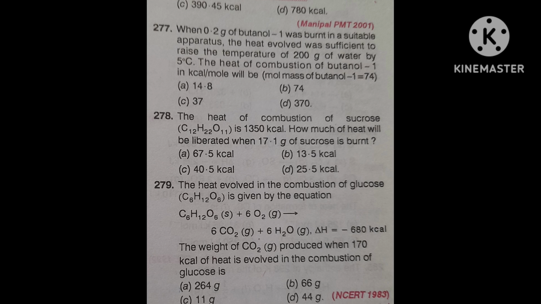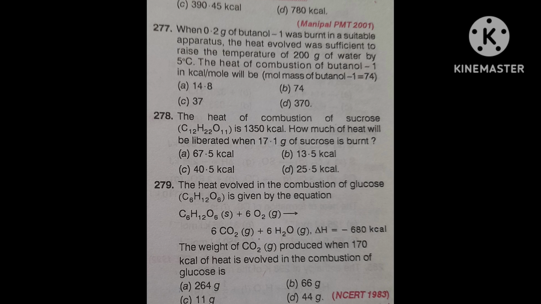Glucose formula is C6H12O6 and the combustion equation is C6H12O6 solid plus 6O2. Products are 6CO2 plus 6H2O, where H2O is in vapor, gaseous form. And delta H is equal to minus 680 kilocalorie.